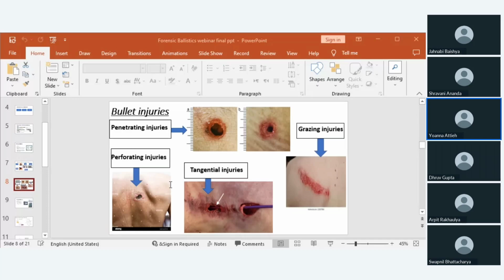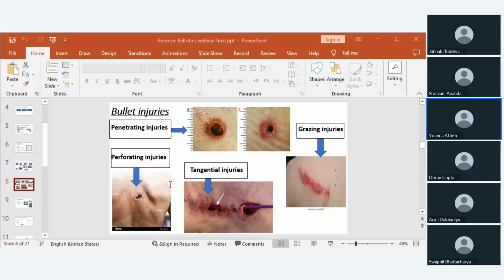However, with perforating injuries, the projectile passes completely through the body, creating both an entry and exit wound. These injuries tend to cause more damage over a larger area than penetrating wounds. Now, talking about tangential injuries, and this is very crucial here. As you see in the image, the projectile grazes the body without even entering it.